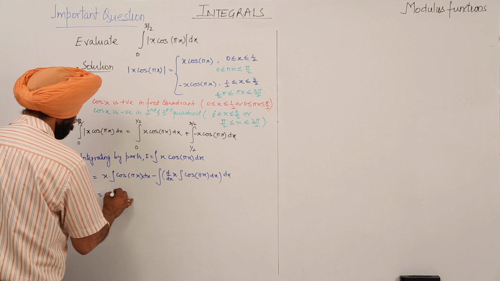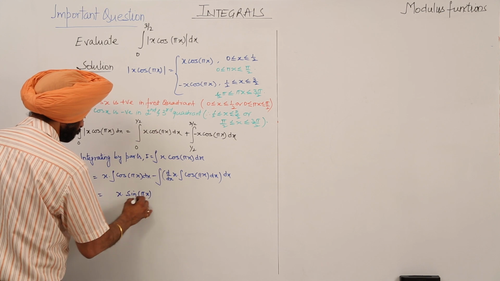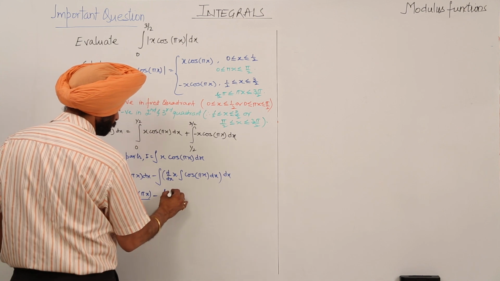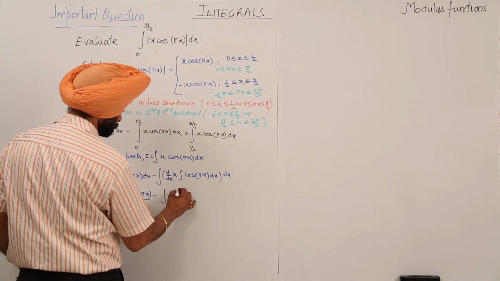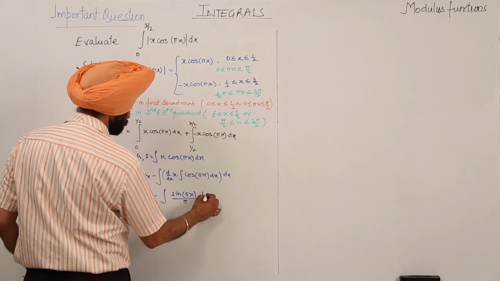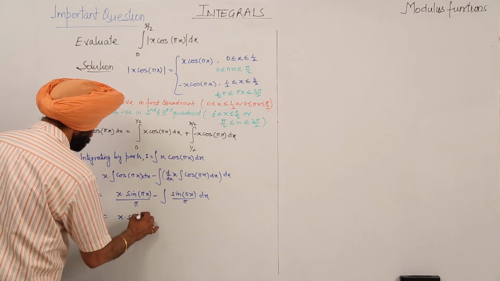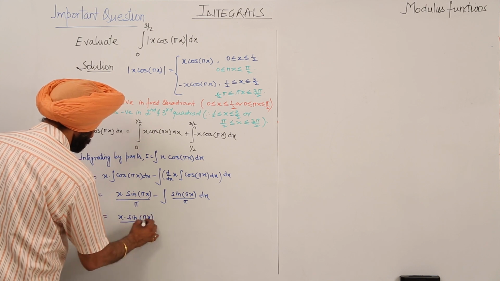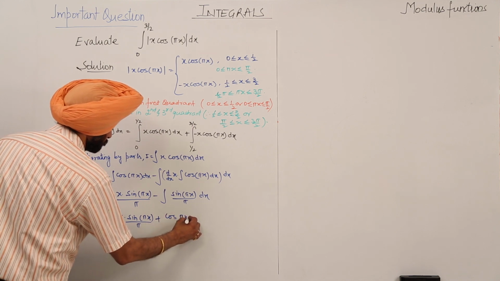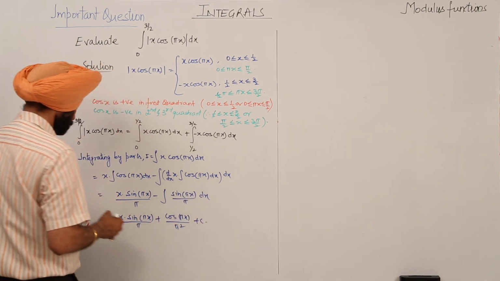So we now have x sin pi x upon pi minus the integral of sin pi x upon pi dx, and this becomes x sin pi x upon pi plus cos pi x upon pi square plus c.